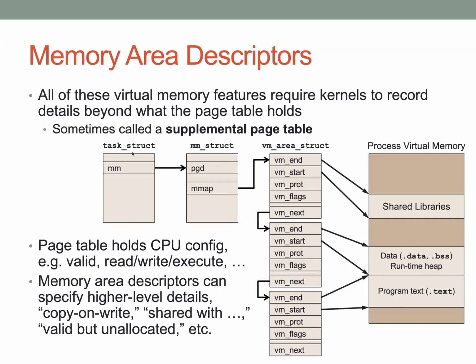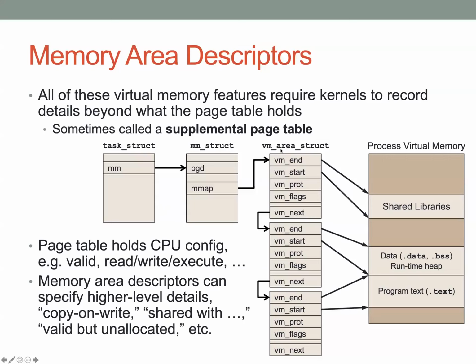So PGD is the process's page table. That's what the MMU understands. That's what's loaded into control register 3 when we are exiting from the kernel and context switching to a new process. Then you have mmap, and mmap is the kernel's version of what the address space map looks like. So this would be what is called the supplemental page table.